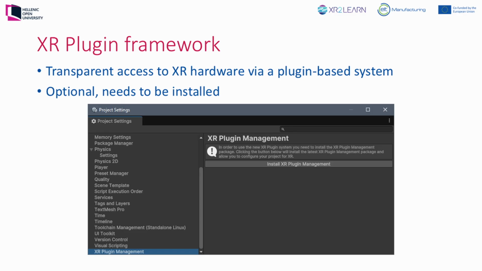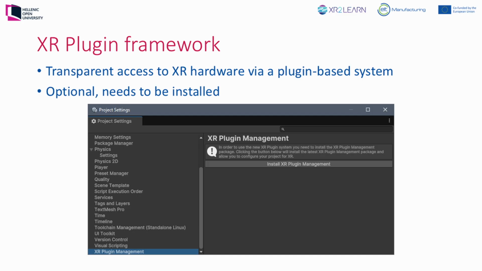To begin development with XR in Unity, the first step is to install the XR plugin framework package. The package is optional and is not included by default in every project, much like the input system package. To achieve that, select Project Settings, then XR Plugin Management, and click on Install XR Plugin Management.